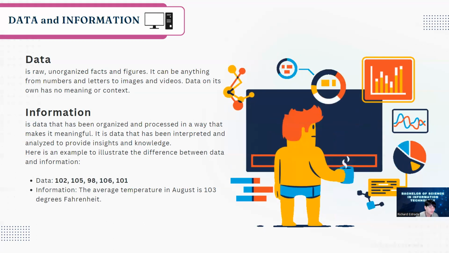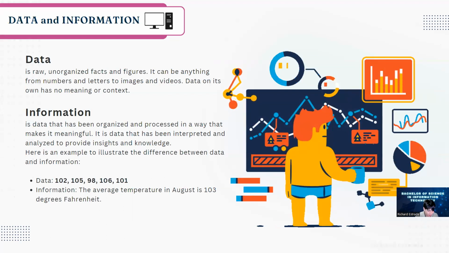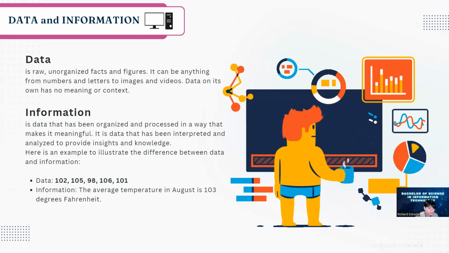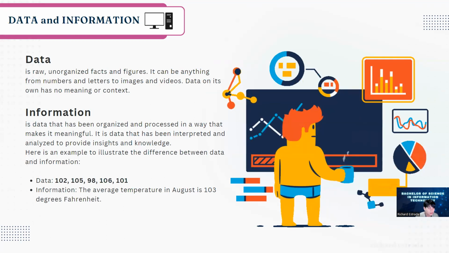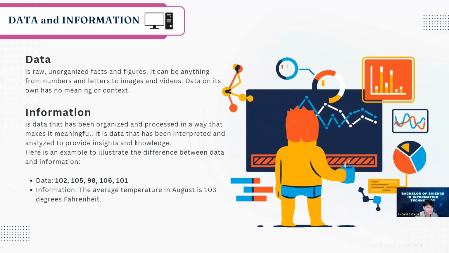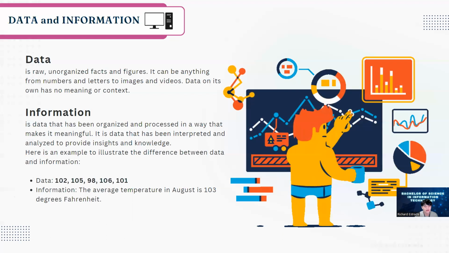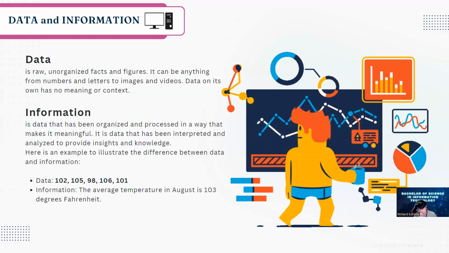It is data if it has not been organized or processed. But if it gives a meaning, then it is information already. Information, for example: the average temperature in August is 103 degrees Fahrenheit, no?